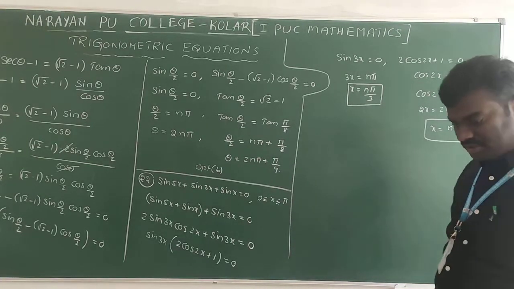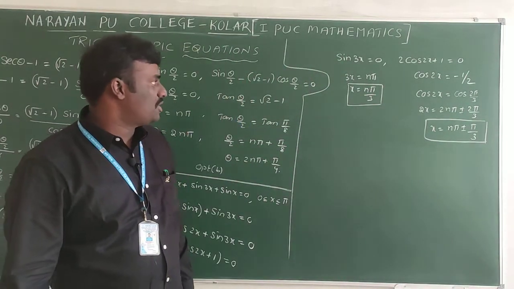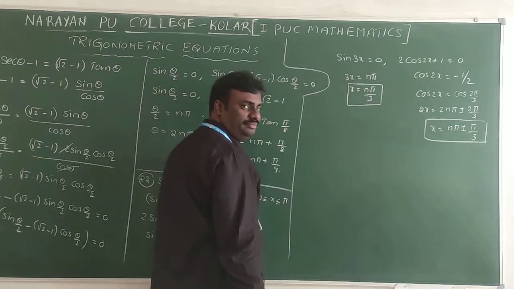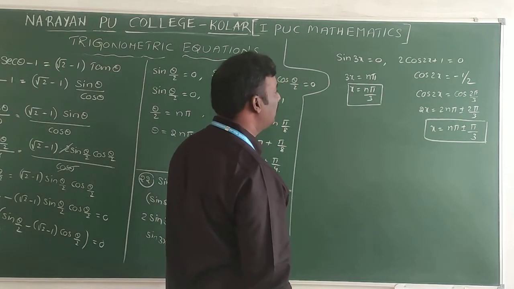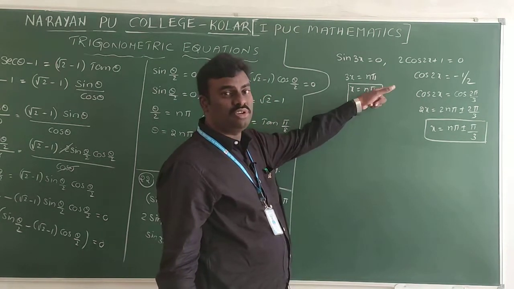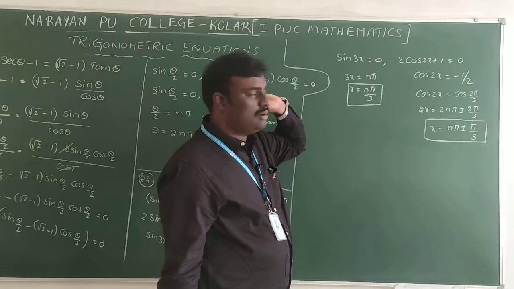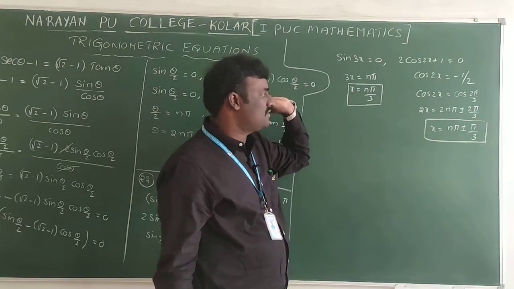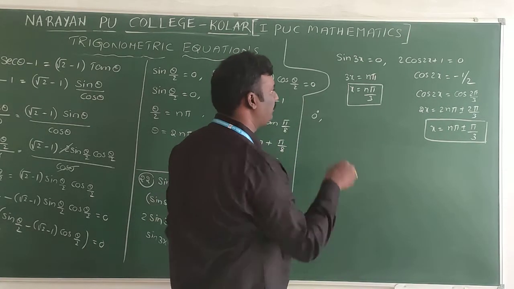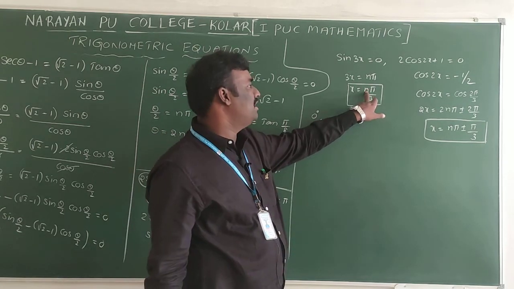Finally, we got two general solutions. But how many values are possible? First, I am taking n value 0. Now, n value 0 means what you will get? 0 into anything is 0, and sin 0 is 0. Now, one value is satisfying that. Next, I am taking n value 3.